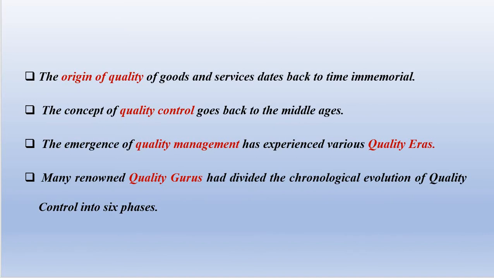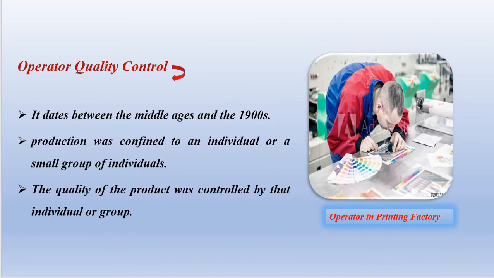Many renowned quality gurus have divided the chronological evolution of quality control into 6 phases. They are operator quality control, foreman's quality control, inspection quality control, statistical quality control, total quality control, and Six Sigma methodology. Now, I am going to discuss all these phases one by one.